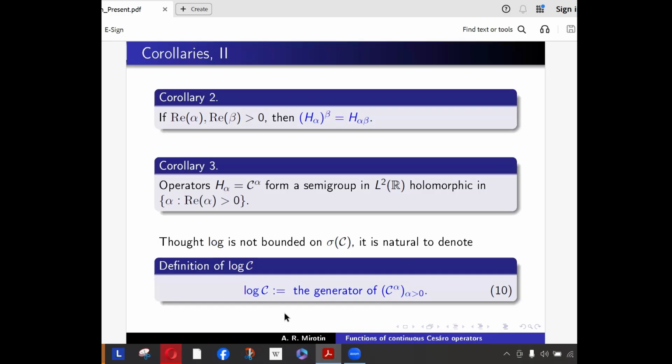And here we get an unbounded function on the spectrum, but we do denote the logarithm of C as the generator of this holomorphic semigroup C to the power alpha.